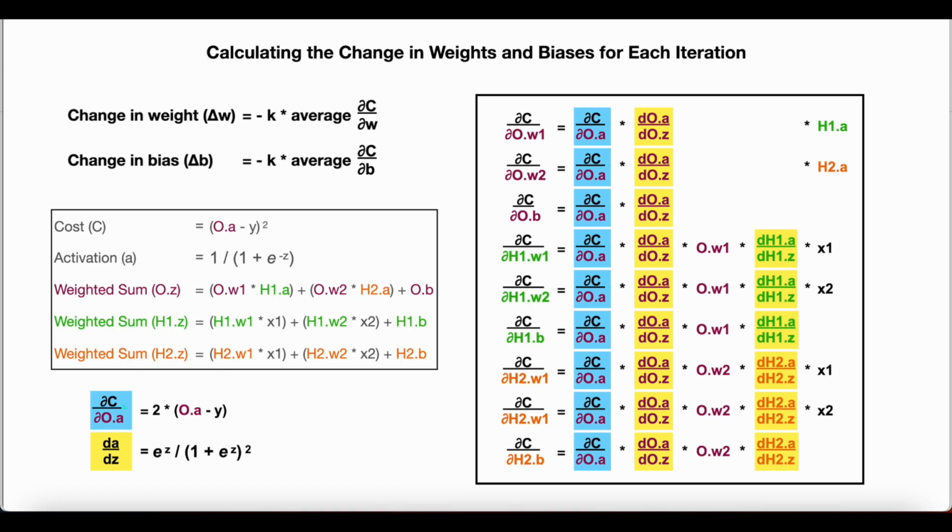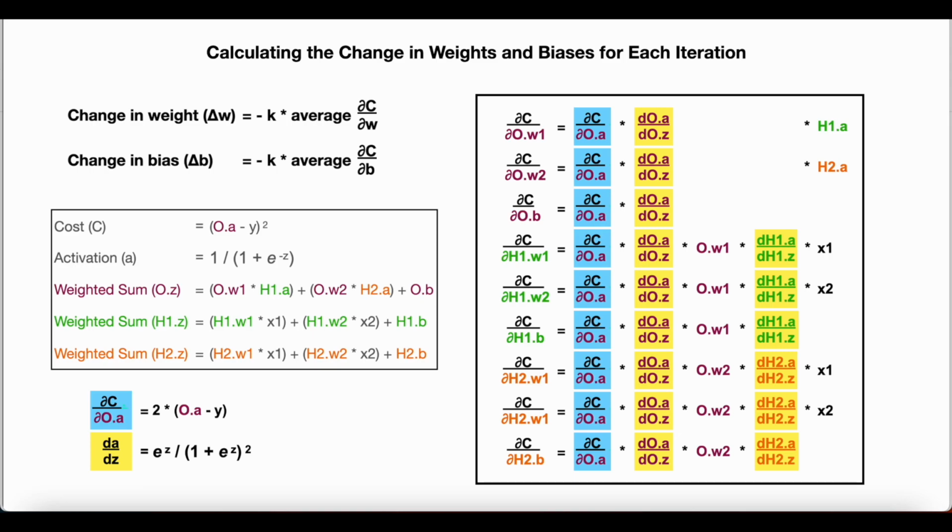You might be wondering why we're taking the average of these calculations. We're going to use the same weights and biases for each one of the 4 line items in the pattern that we want the neural network to discern. Because the x1s and x2s are different on each line item, we're going to get a different calculated output, the output.A, and we're going to get a different cost.